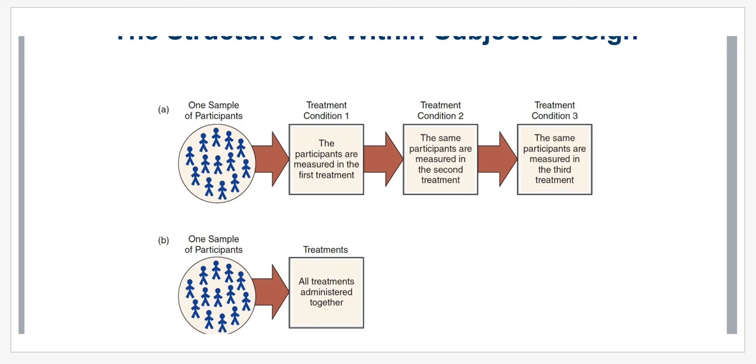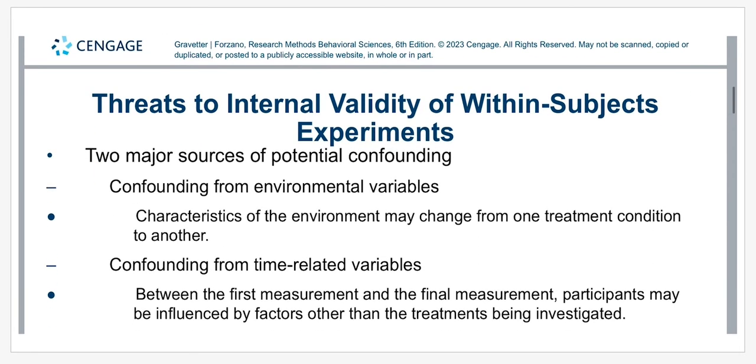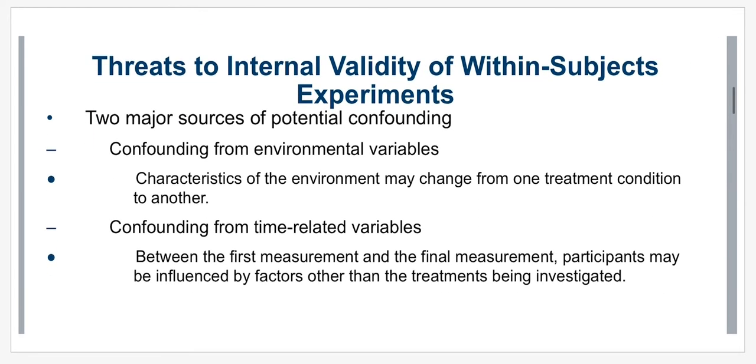Whereas in a between subjects design, if you remember, if we go back to the chapter before, half of those blue people in this bubble would be in one condition and half of those blue people would be in the other condition. And so the other blue people would not experience the other condition that the other blue people did, right? But all of our little people here are experiencing the same thing. So hopefully that visual will help you understand a little bit more about this.